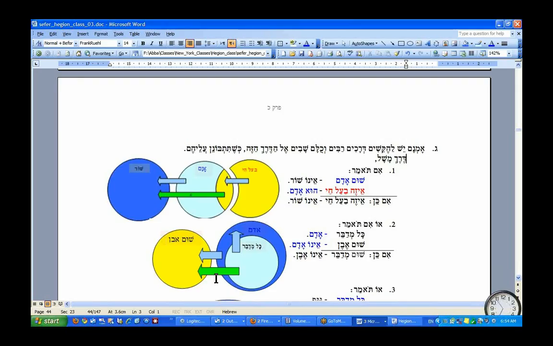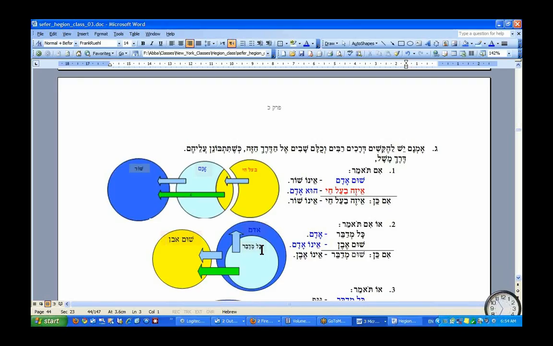Because again, since the medabrim are found inside the man circle, and there's no Evan in the man circle, whatever happens to the man circle has to happen to the Medaber circle. So since the man circle is not a stone, the Medaber circle can't be a stone. Correct? Right. And that's it. There's this rule of inclusion.